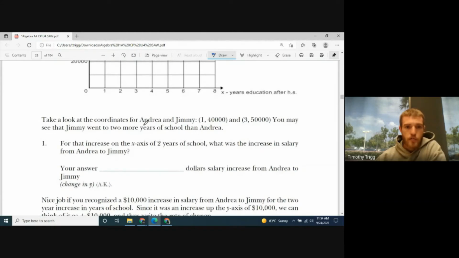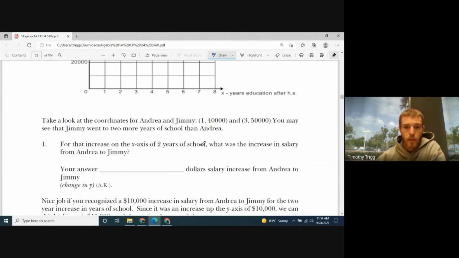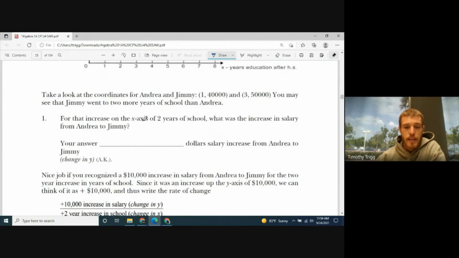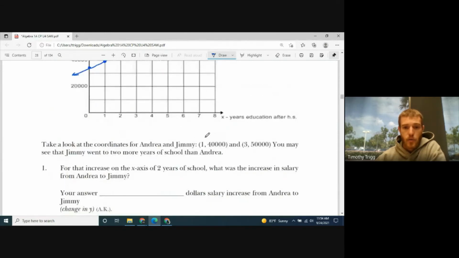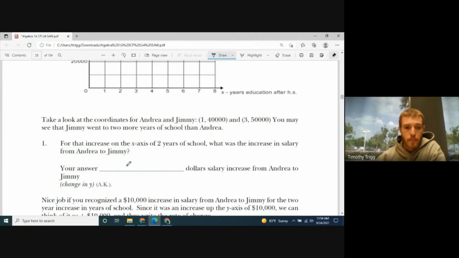Take a look at the coordinates for Andrea and Jimmy. You may see that Jimmy went to 2 more years of school than Andrea. So for the increase in the x, how much was increased on the x? Well, that's +2, right? So that would be your run.